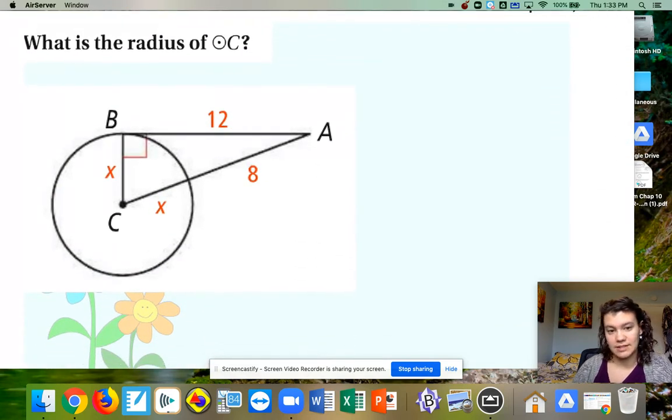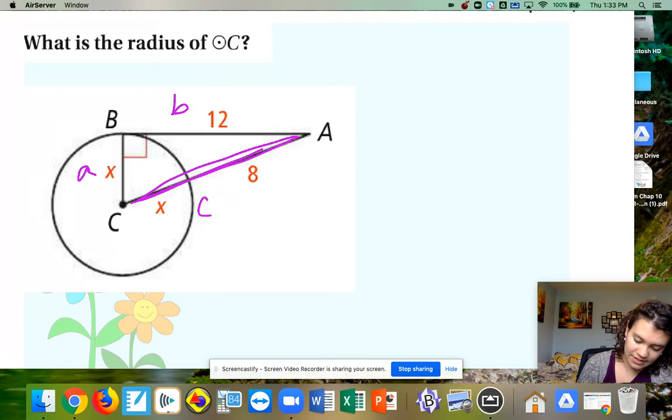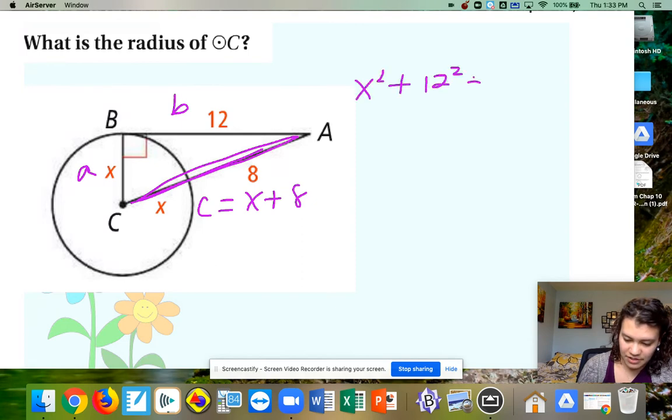So this one, similar kind of idea. We want to set up our a squared plus b squared equals c squared, but it's going to be a little different because we have these x's. So this will be the a, this will be the b, and then this whole length is c. So c is going to be x plus 8. So we write it out, you get x squared plus 12 squared equals x plus 8 squared. And then here we have to go back to intermediate algebra when we FOILed stuff out.